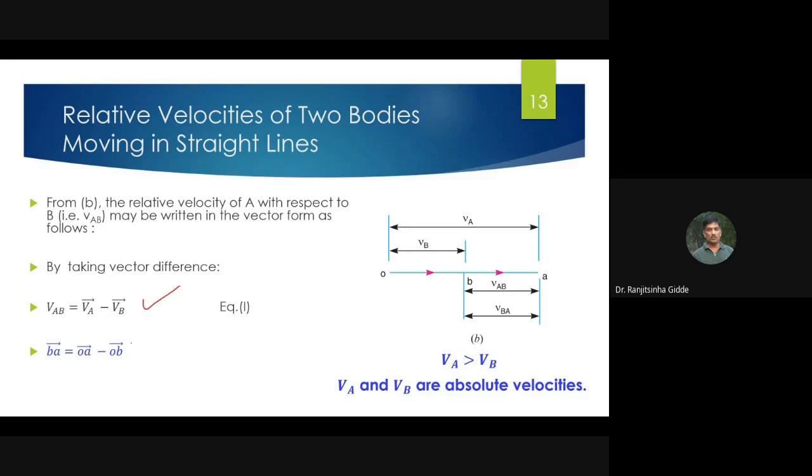We can take the vector difference, and from this figure, this BA, how will we get it? Just by this OA, that means this much length minus OB. After subtracting OB from OA, you will get BA. That we have written there. Okay.